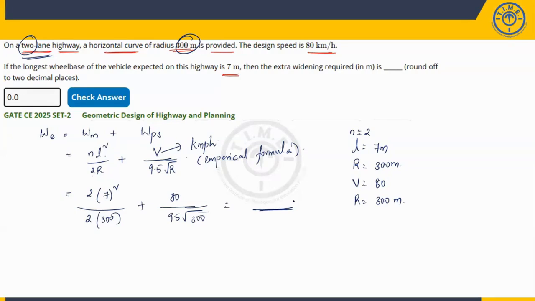Transportation engineering is mostly about knowing the formula, substituting the values with proper units, calculating properly, and getting the answer. I'll be waiting for your answer.